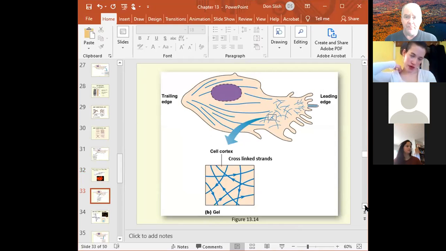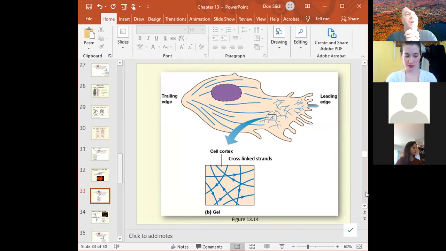One is the usual type of gel, which is found in the cortex. So basically, these are just long strands that are cross-linked, so that they form like a three-dimensional mesh. What's a good example? Jello is a mesh.